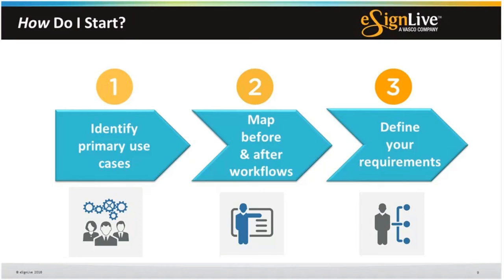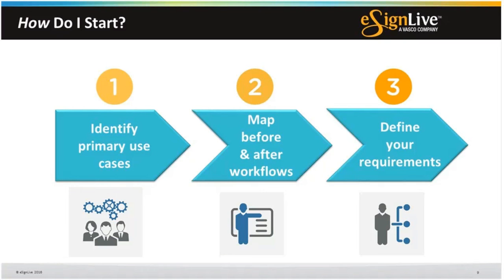So first off, you can start by scheduling a use case workshop internally to identify and prioritize primary use cases. Internal stakeholders will help identify which processes are holding back efficiencies within your organization. Secondly, you can document the current process and compare it against the future process with document generation and e-signature processes.